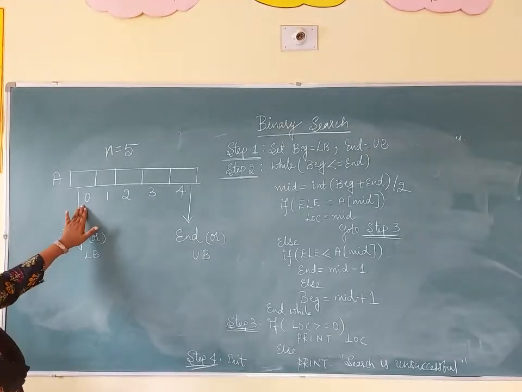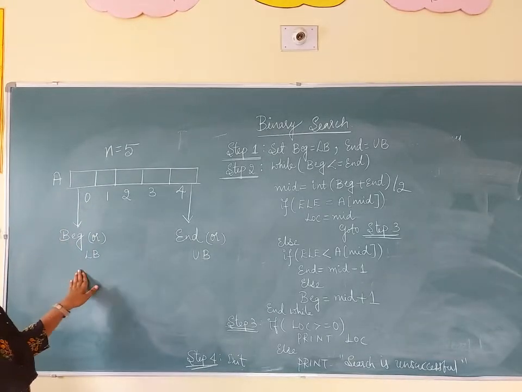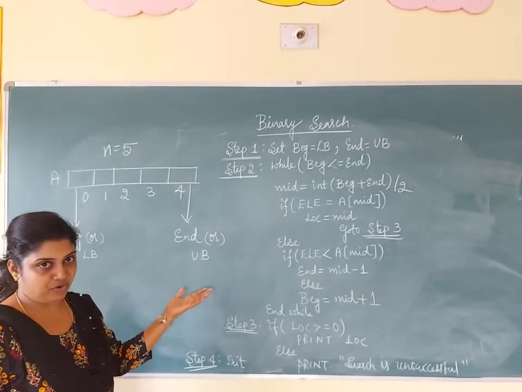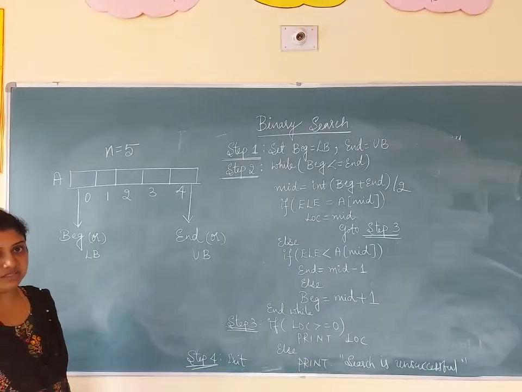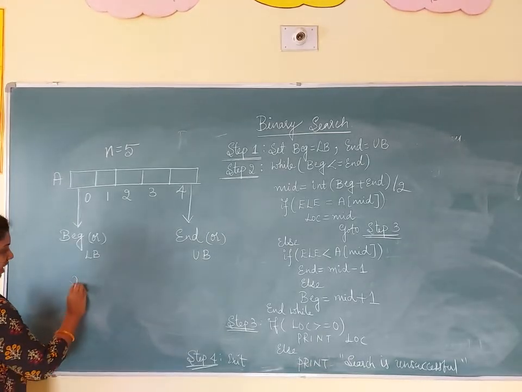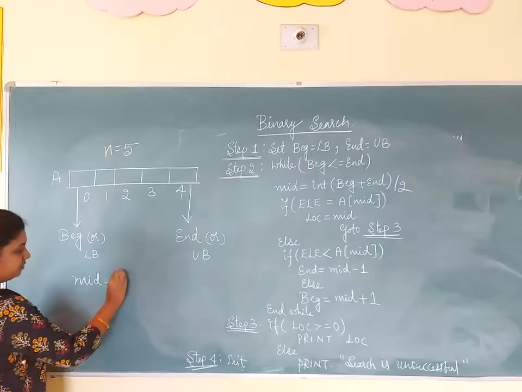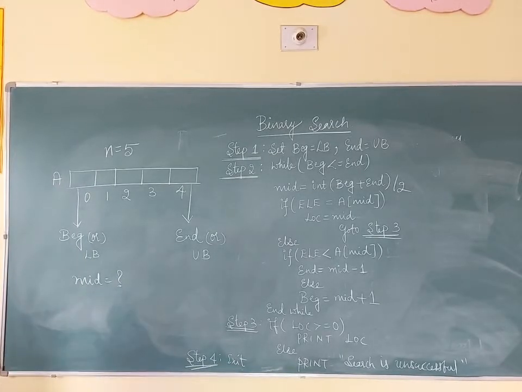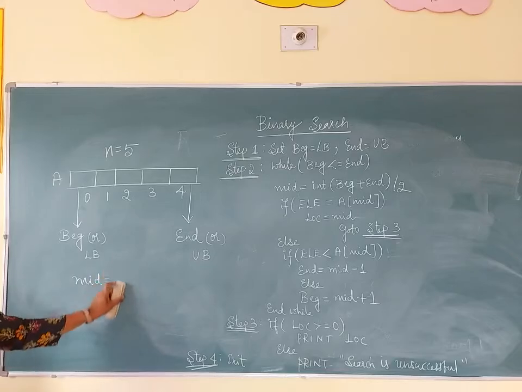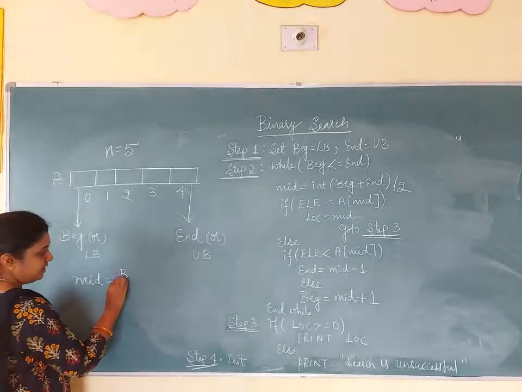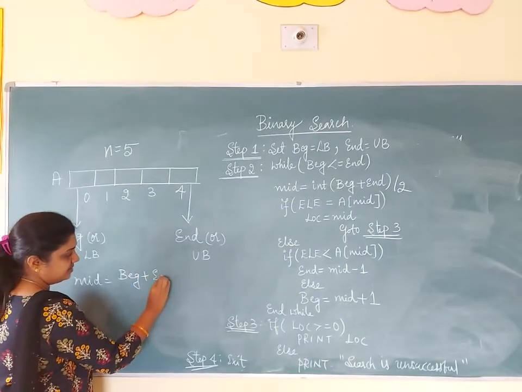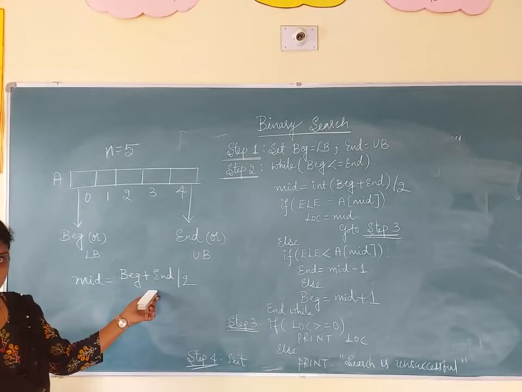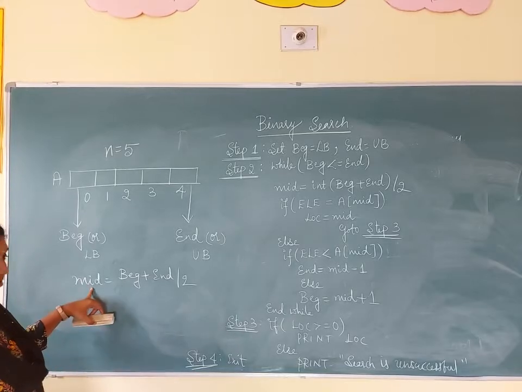In this binary search, first you have to find the mid value. How to calculate the mid position: beginning plus end divided by 2. If you apply this formula, you can easily find your mid position.